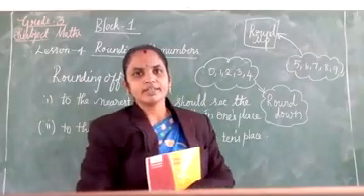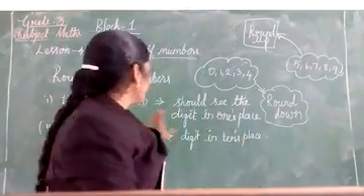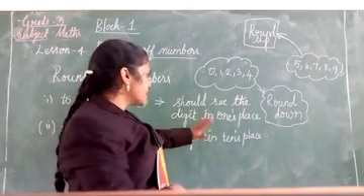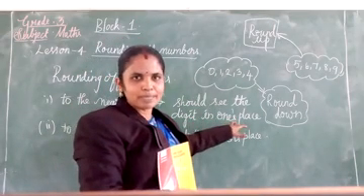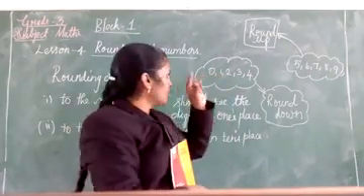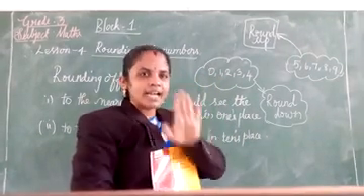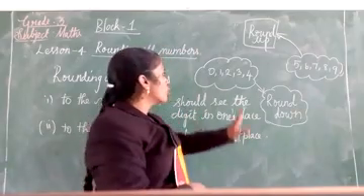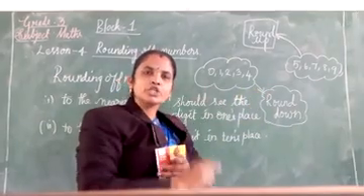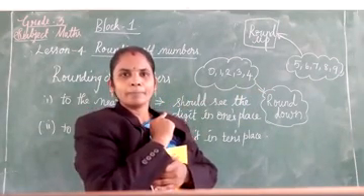Are you all clear? Here we saw the condition for the nearest 10. We should see the digit in the ones place. If the digit is 0, 1, 2, 3, 4, we should round down the number.